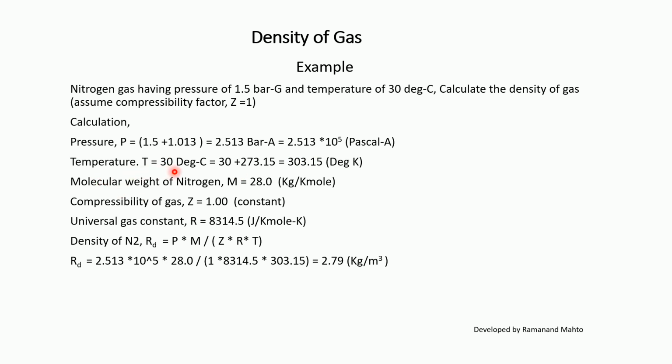Temperature T is 30 degrees Celsius, which is 30 plus 273.15, which is 303.15 degree Kelvin. Molecular weight of nitrogen M is 28. Compressibility factor Z is 1, it is given. Universal gas constant R is 8314.5. Density of nitrogen RD is P into M upon Z into R into T. So after putting all the values, density of nitrogen is coming to 2.79 kg per meter cubic.